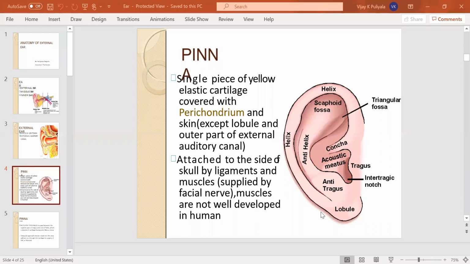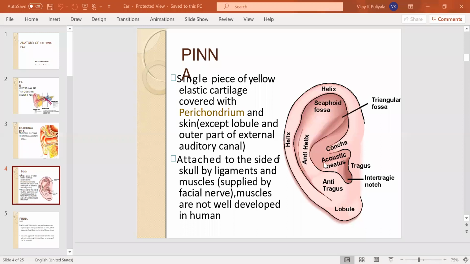For this helix we have the anterior limb and the posterior limb. The anterior limb descends as the crus of helix into the concha.